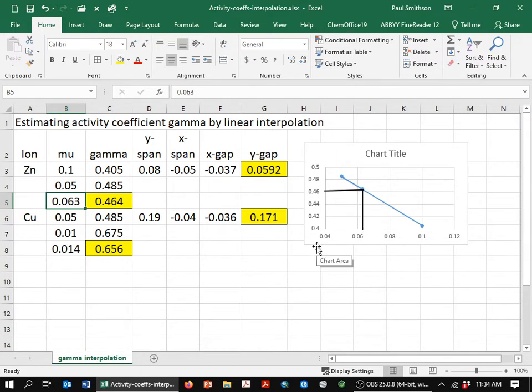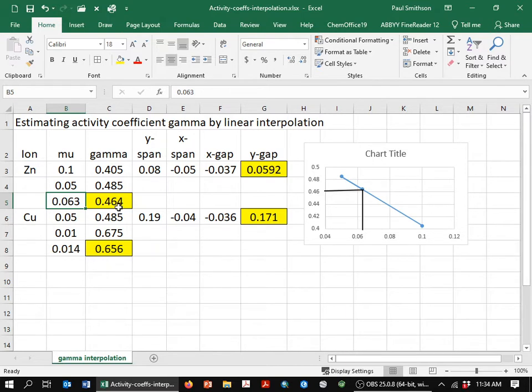So our unknown y gap is over our known y span. That's what I've called this. And the x span is 0.05 right in there minus 0.1.